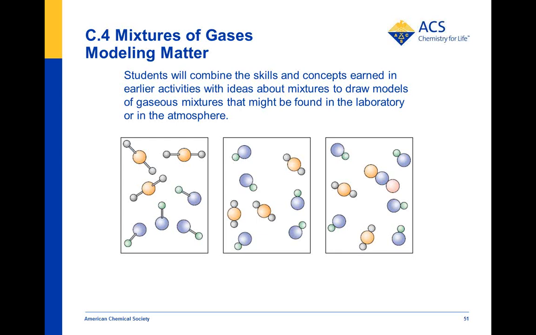They'll be asked to think about what is a limitation of an activity, like drawing these molecules on a flat piece of paper, and that again is going to set the stage for talking about limiting reactants in a chemical equation much later on.